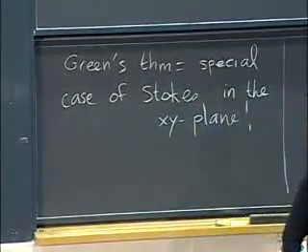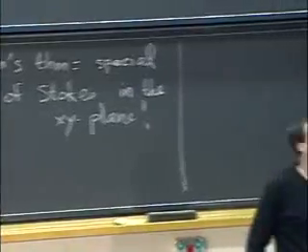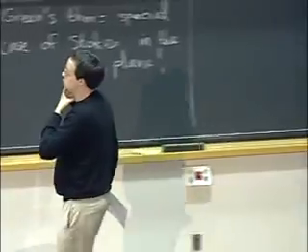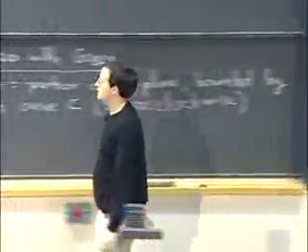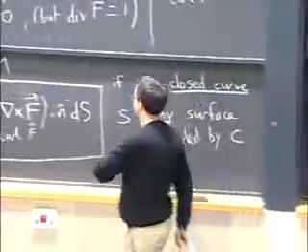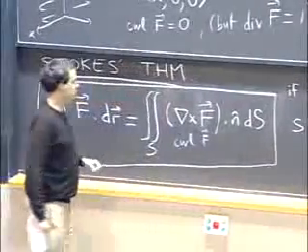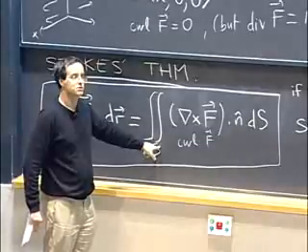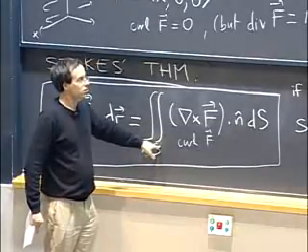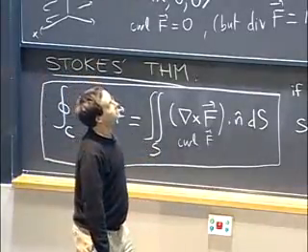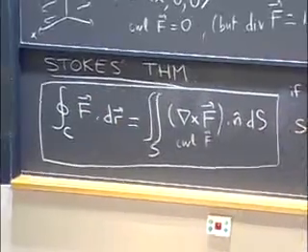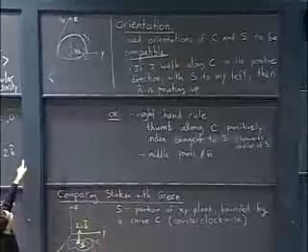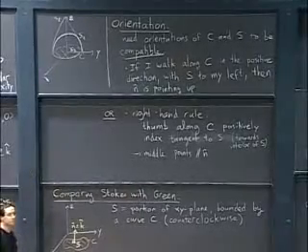Yes? Does Stokes still work if F is not symmetrical everywhere? That's a very good question too. No, Stokes' theorem only works if you can make sense of this. So that means you need your vector field to be continuous and differentiable everywhere on the surface S. Now, why is that relevant? Well, say that your vector field was not defined at the origin, and say that you wanted to do the example that I had first with the unit circle in the xy plane.